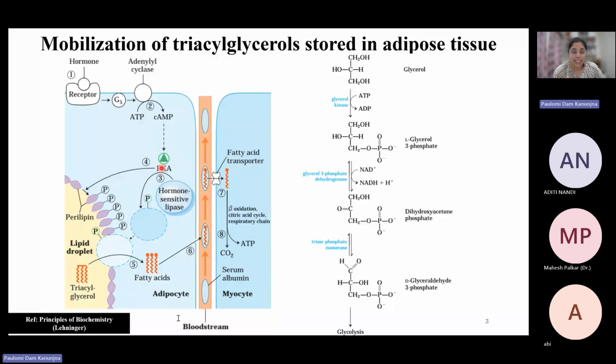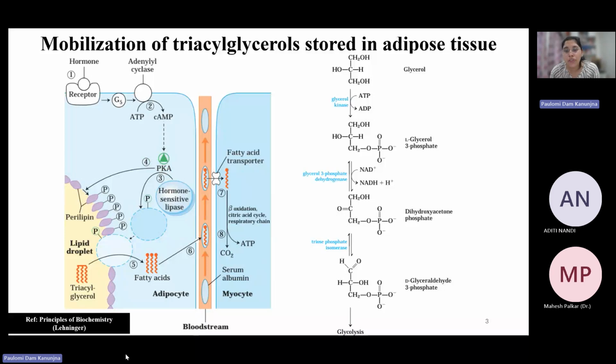There, as the name suggests, they are lipases, so they come to the surface of the lipid droplet and hydrolyze the TAGs to free fatty acids and glycerol. Okay, not only the perilipin will induce these hormone sensitive lipase, the PKA, which is here, as you can see on the slide, is also able to do the same.